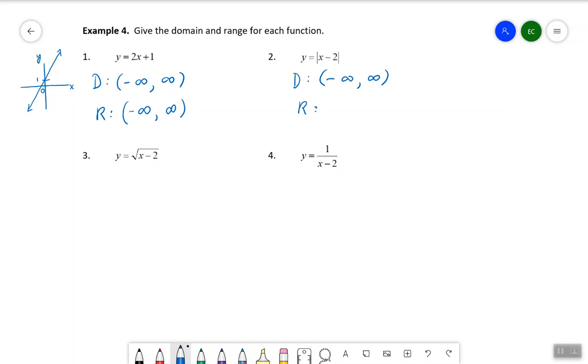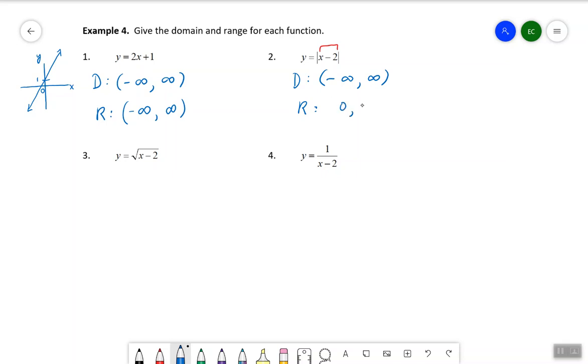Now, there's an interesting thing that happens. It doesn't matter what you have inside the absolute value. Inside the absolute value could be any number, large or small, positive or negative. But once you take the absolute value of that, then the result is a positive number or 0.